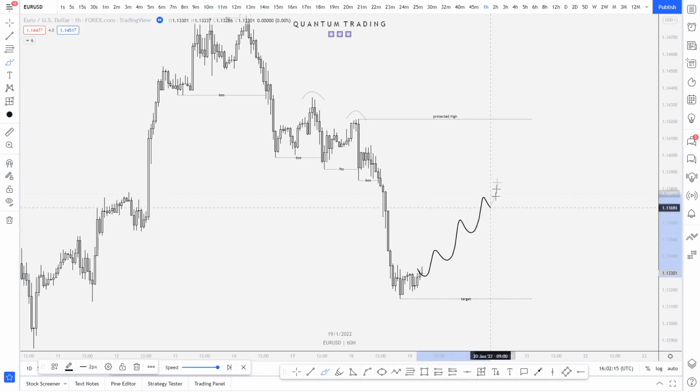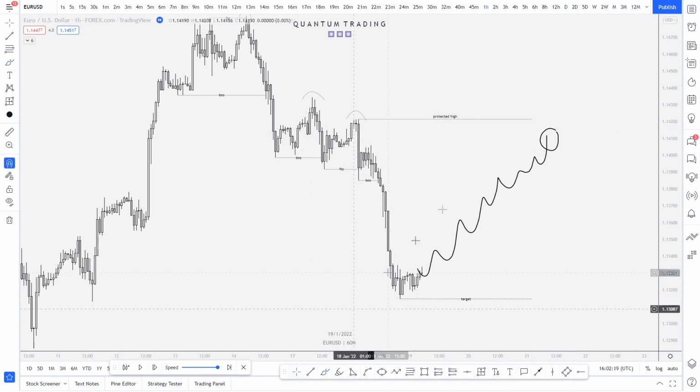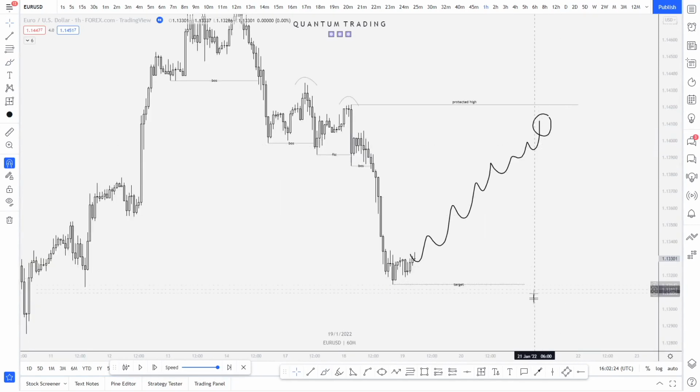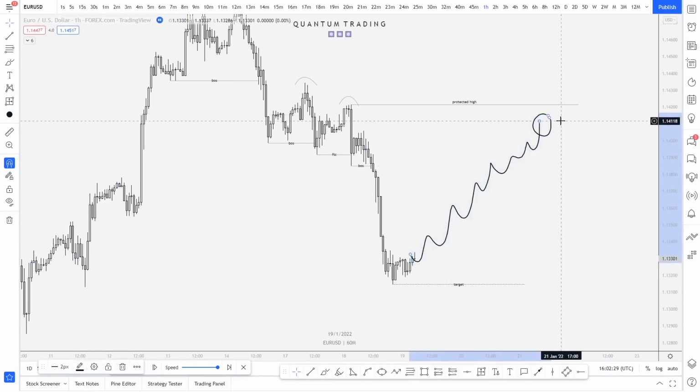Price can pull back all the way up to here. As long as it doesn't break our protected lower high, our bias and understanding is we still expect to see a new lower low in the market. We always remember that, and we'll go into that in more detail in later videos.